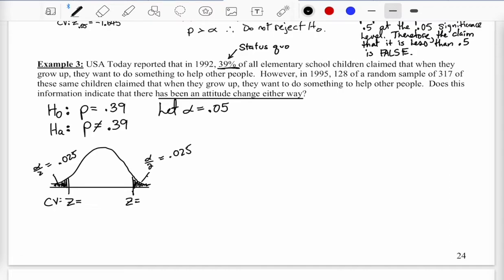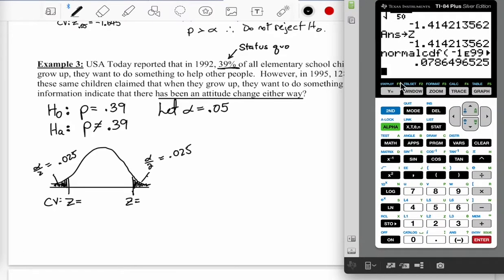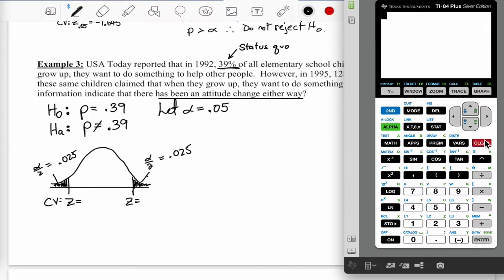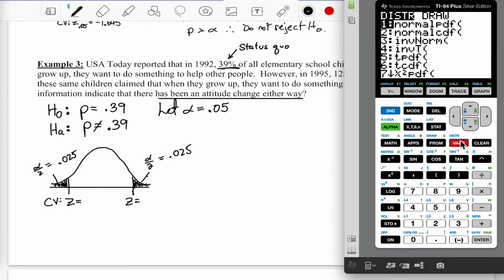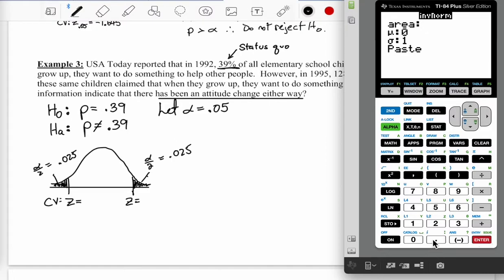Bring the calculator into the party. So that's inverse norm, second, vars. The AP doesn't want to see calculator verbiage or lingo. Just the result is all they care about. So the area 0.025, we're looking at negative 1.96 approximately.